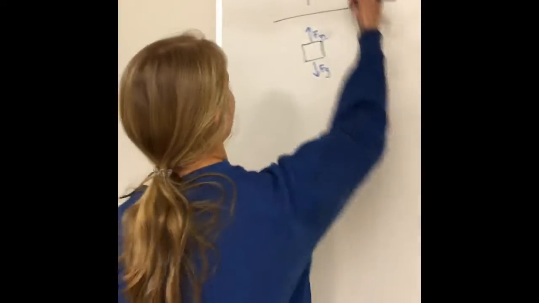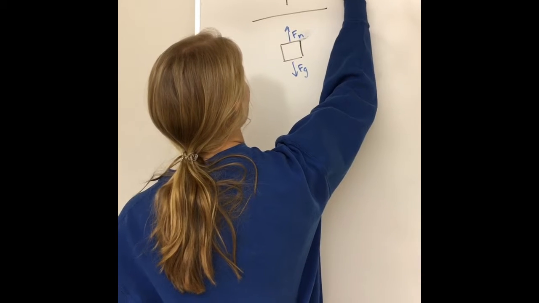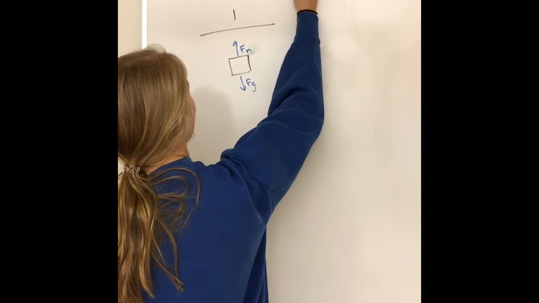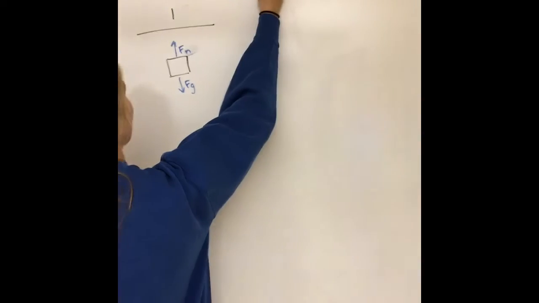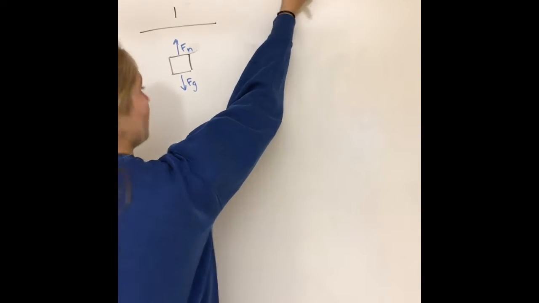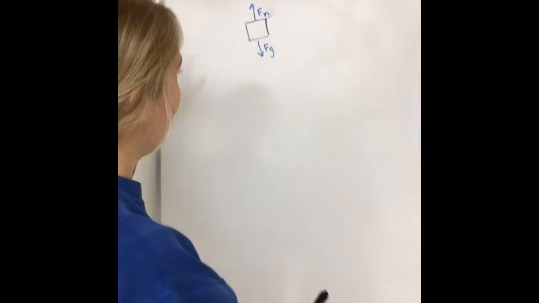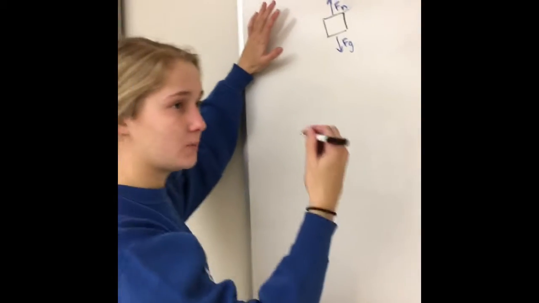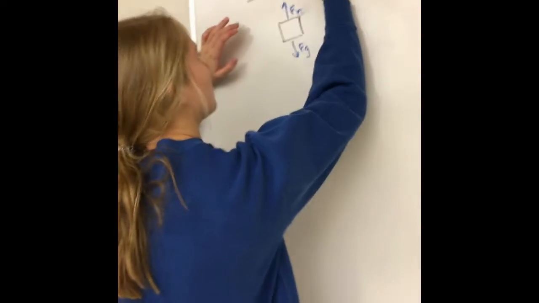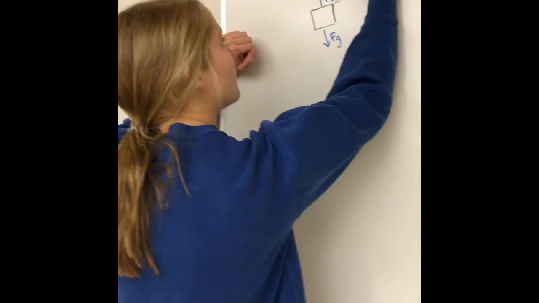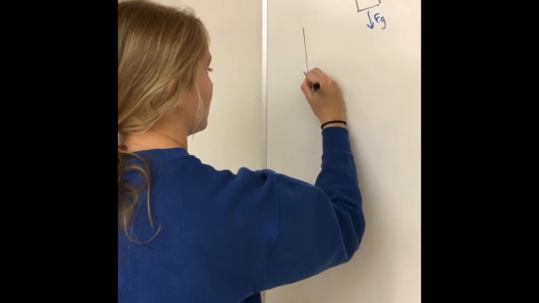Then, at 1, since we started on the second level, that means that at 1 we are speeding up in the positive direction if we count down as positive.